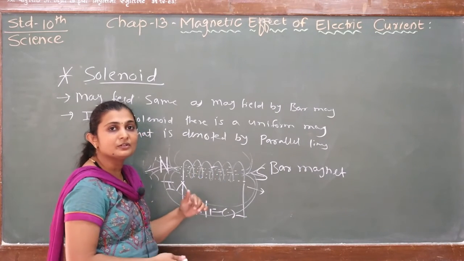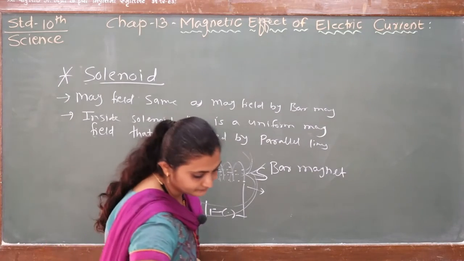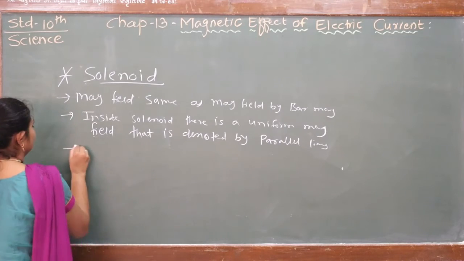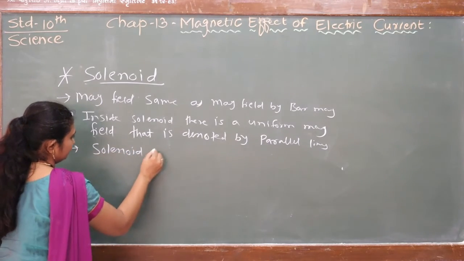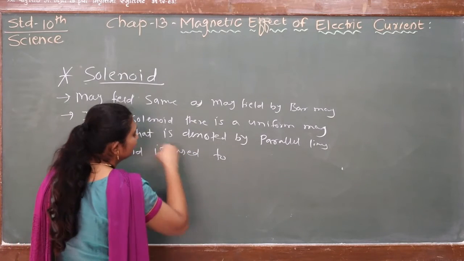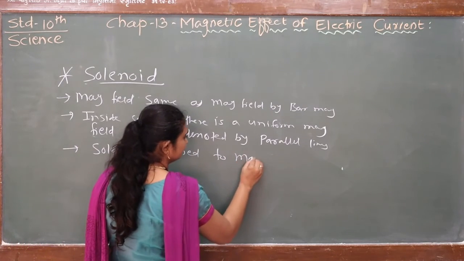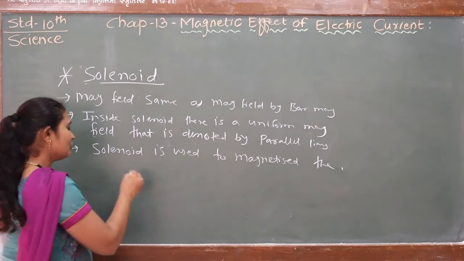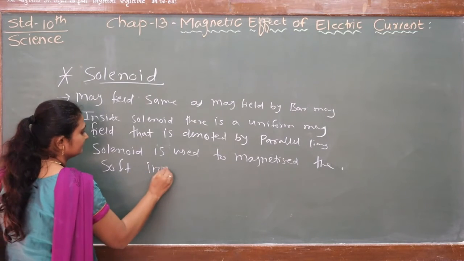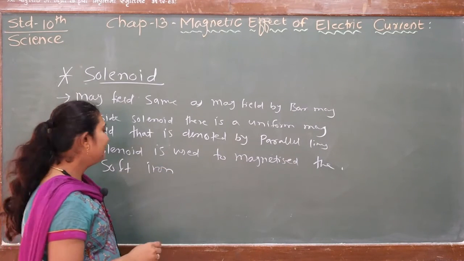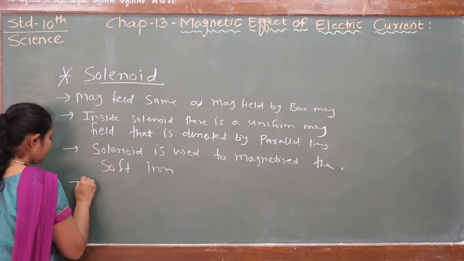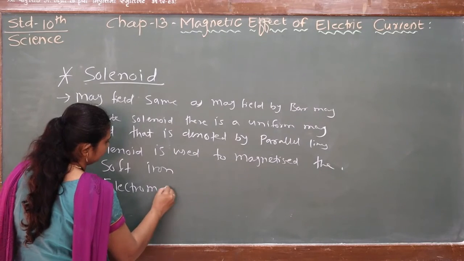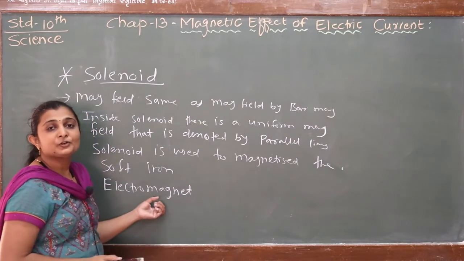Means the solenoid is used to magnetize the soft iron, and that type of iron is known as an electromagnet.